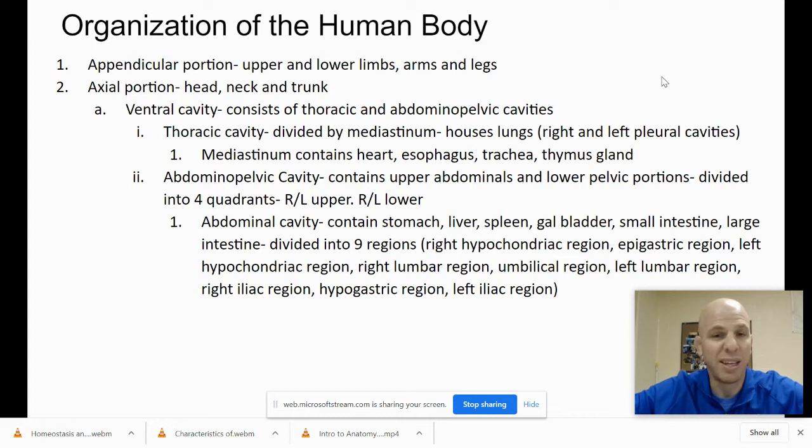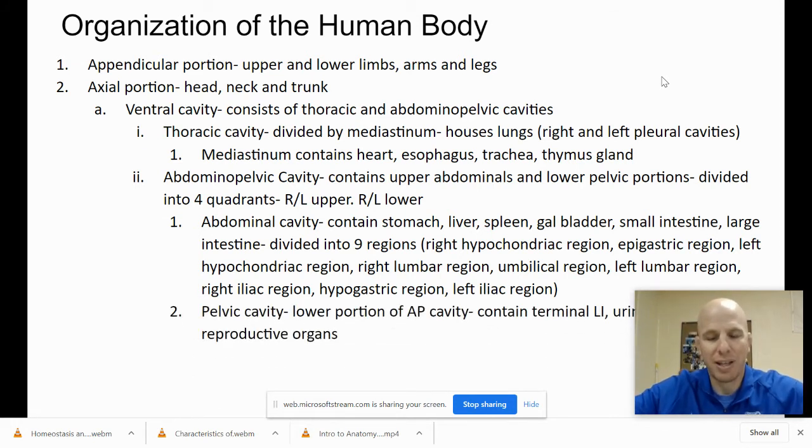All of these things, and the kidneys, are in the abdominal cavity. So that's the upper portion of the abdominopelvic cavity. Then I can take the abdominal cavity and divide it into regions. Basically, I'm going to draw a little grid, and you're going to see these regions in the abdominal cavity, and we'll come back to that when we see a picture.